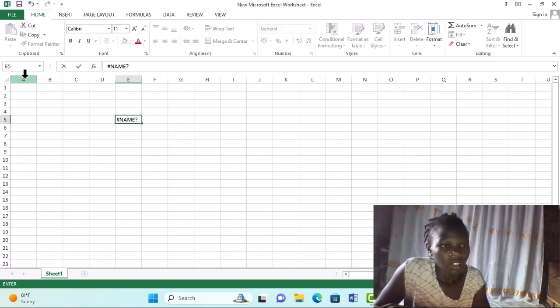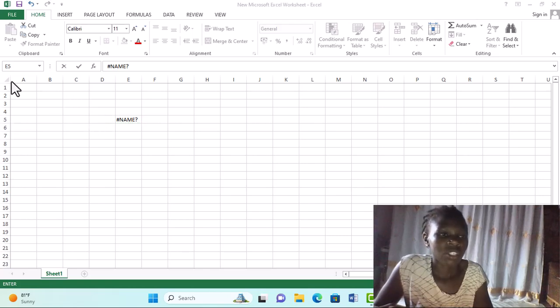Then you're trying to select a name that you did not include in the column, but you want to select it. Then you're going to get an error like this, hash name, meaning that it can't find the name that you're trying to select.